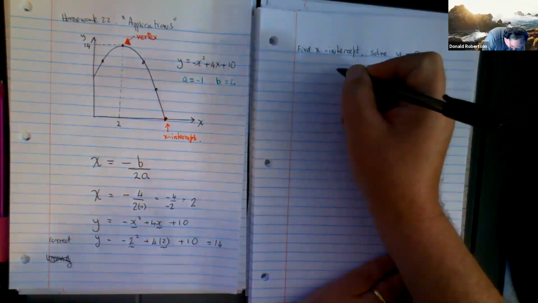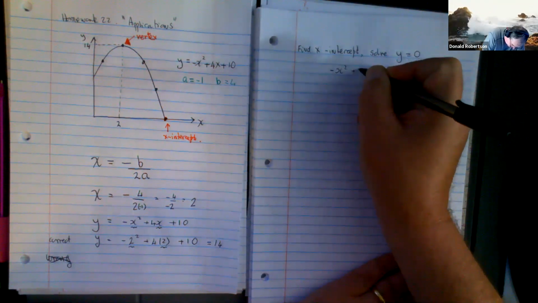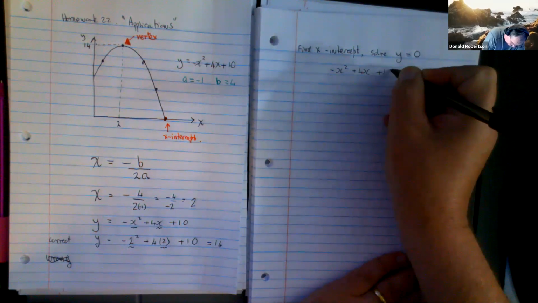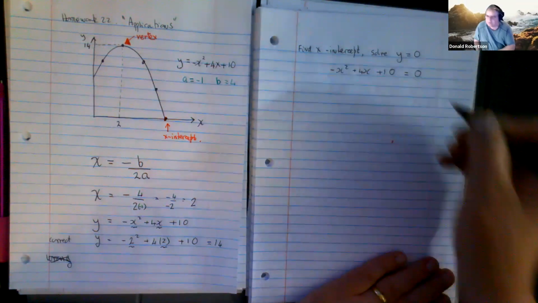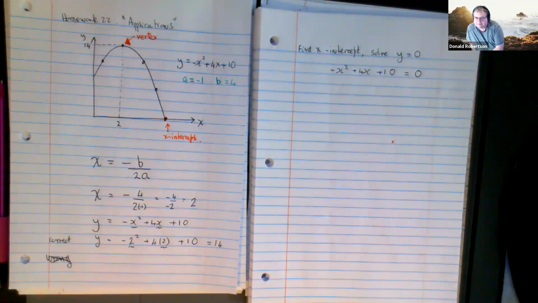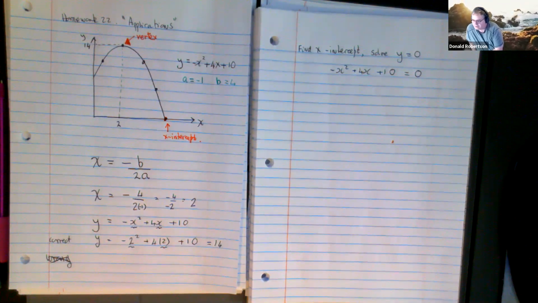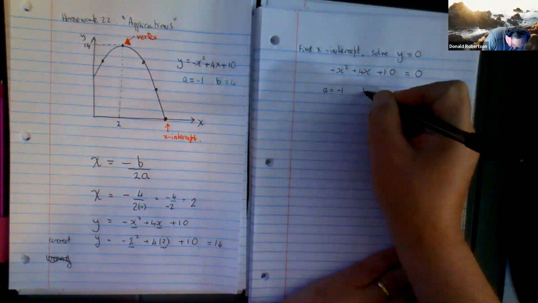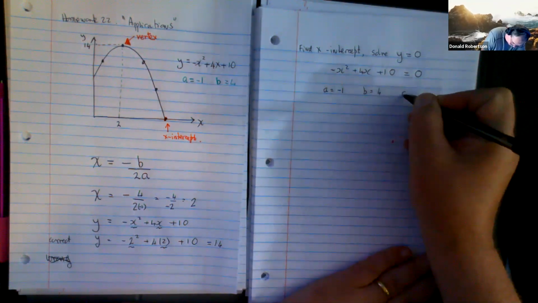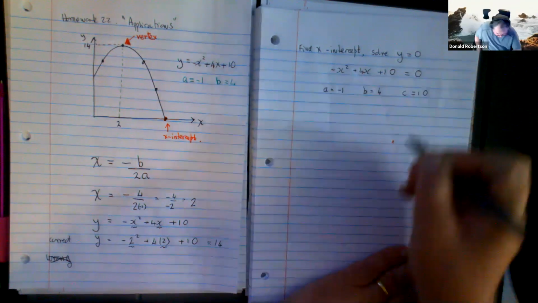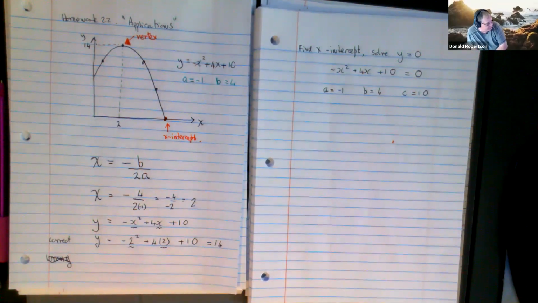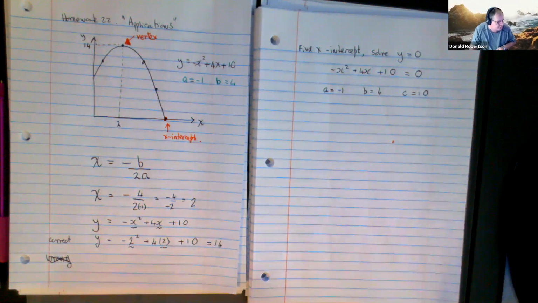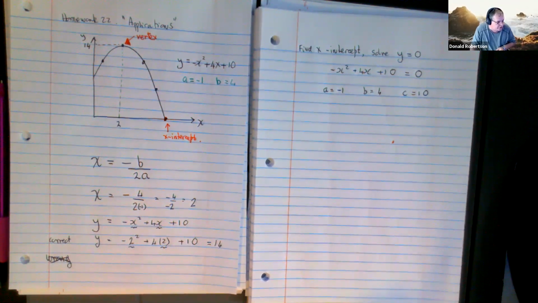In other words, you have to solve a quadratic equation. Can you just trust me that this one doesn't factor? I wish it would. Because it doesn't factor, I'm going to have to do the quadratic formula.